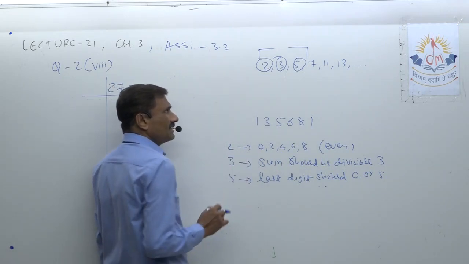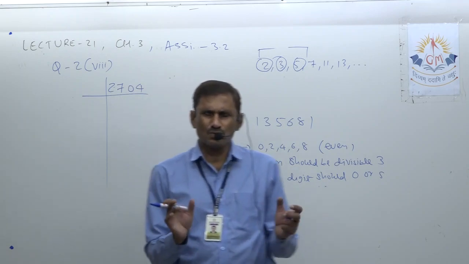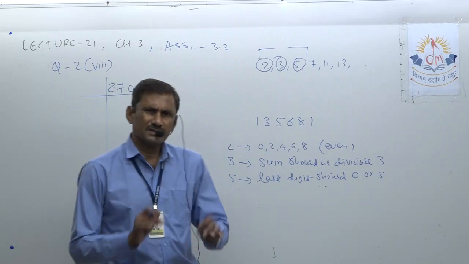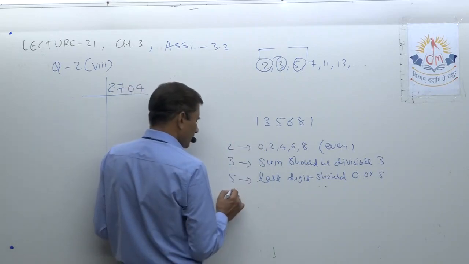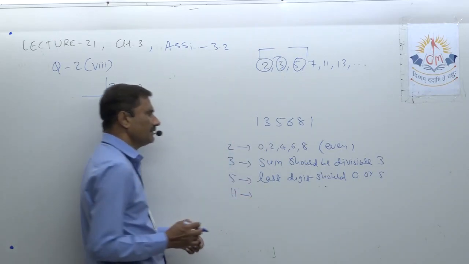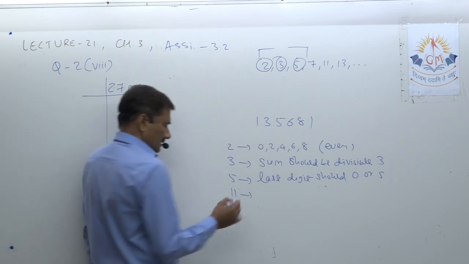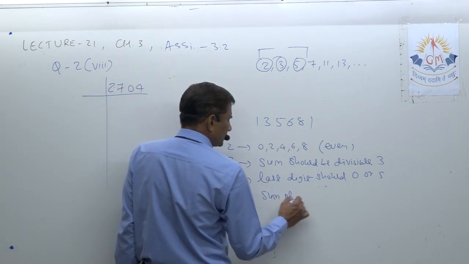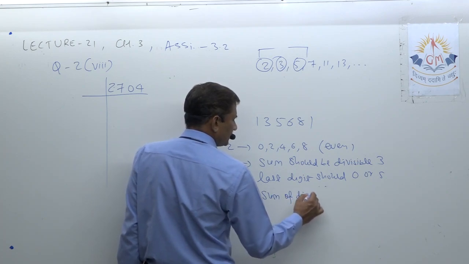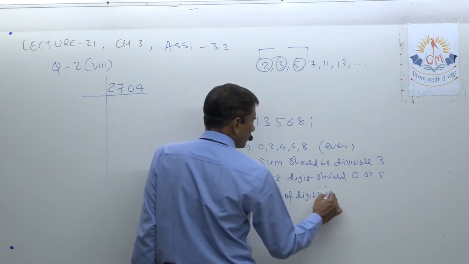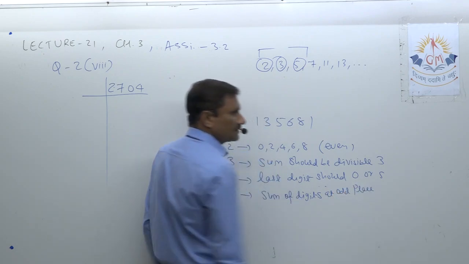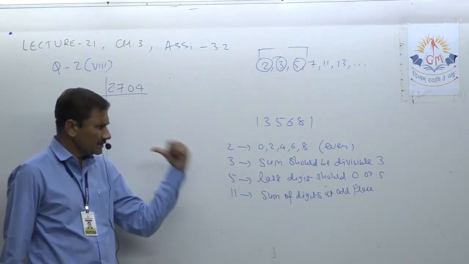Now 7 has one rule, but it is not so short. So instead of applying that rule, just divide it. Now 11 has a divisibility rule. Take the sum of digits at odd places, only odd places, means first place, third place, fifth place, from the unit digit.